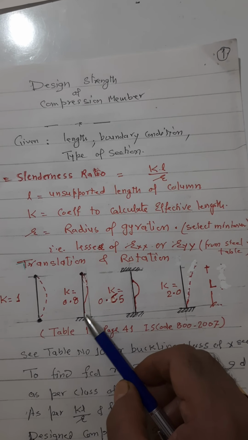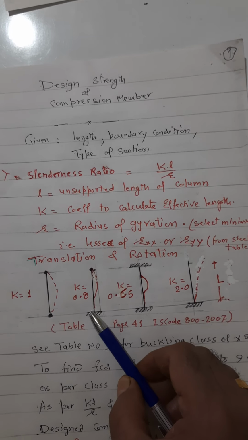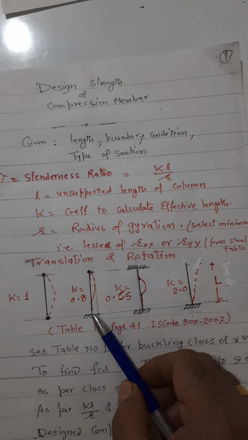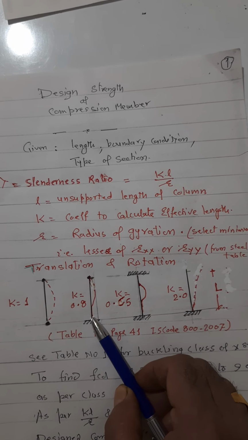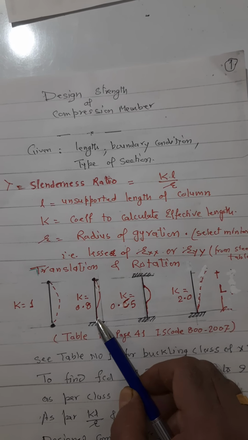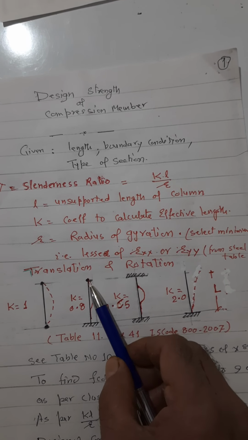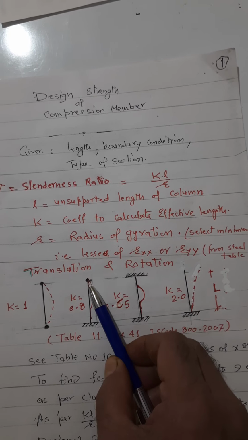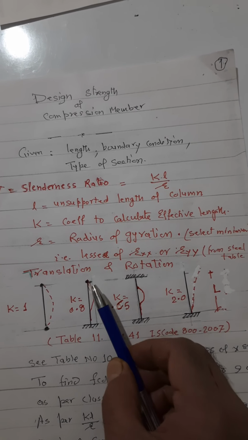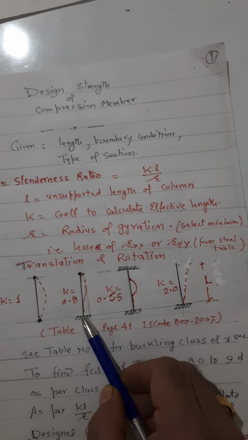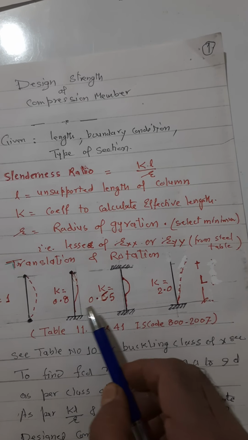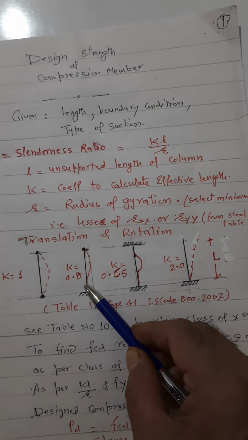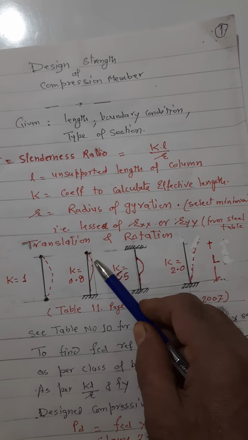Second condition, when this end is fixed, meaning restraint is not only in translation but also in rotation, and this end is restrained only in translation but not rotation. Then it will start like this and then it will deflect like this.